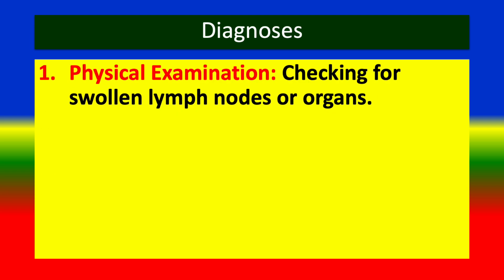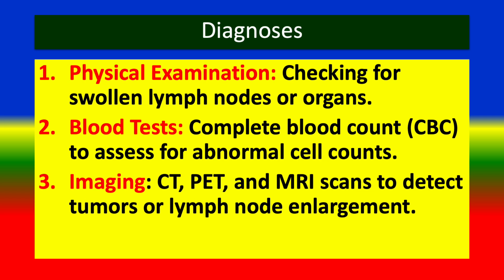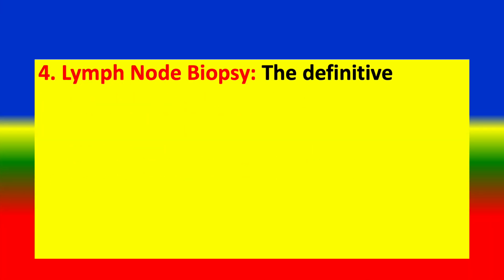Diagnosis. 1. Physical examination, checking for swollen lymph nodes. 2. Blood test, complete blood count to assess for abnormal cell counts. 3. Imaging, CT, PET and MRI scan to detect tumors or lymph node enlargement. 4.